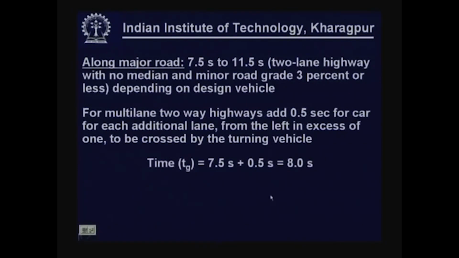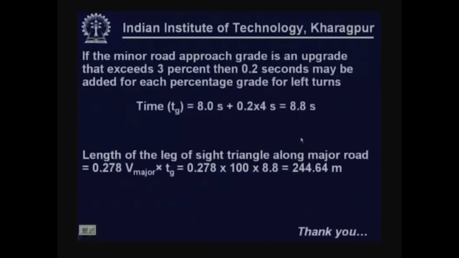Along the major road, normally it is 7.5 seconds to 11.5 seconds for a car, but for a multi-lane highway 0.5 seconds for each additional lane to be crossed by the turning vehicle is to be added. Since it is a 4-lane road, one additional lane is to be crossed, so 0.5 second is added, making it 8 seconds. That is the effect of width.